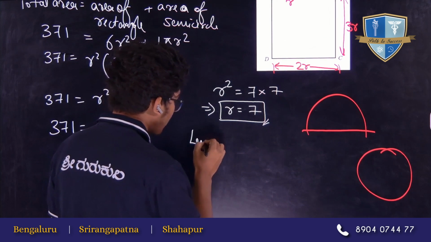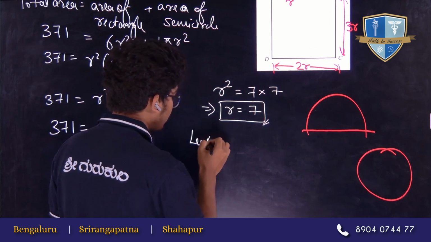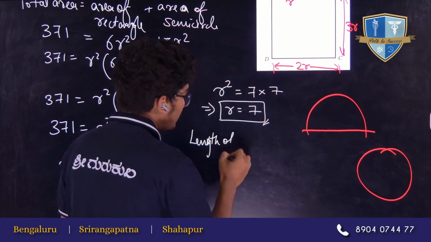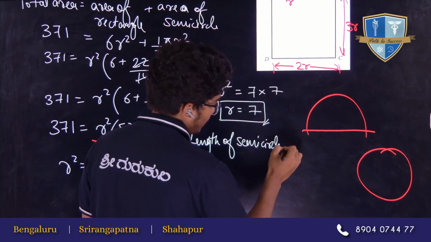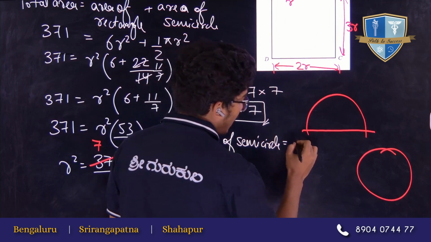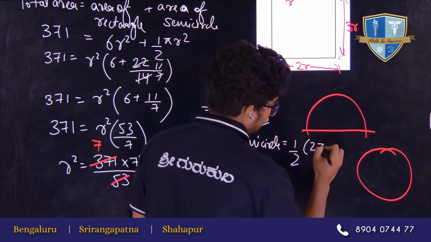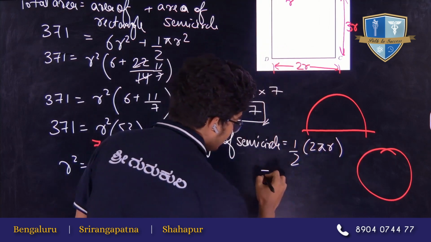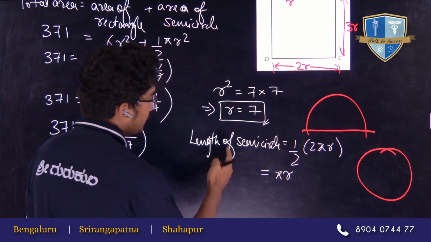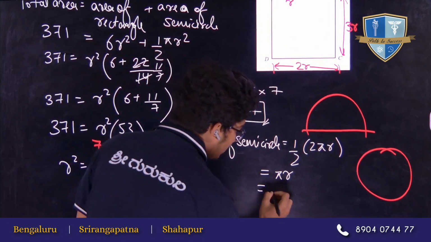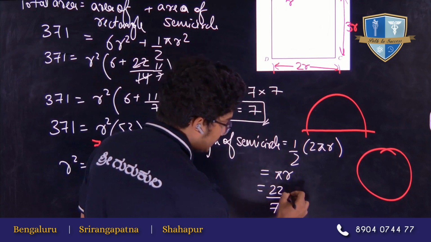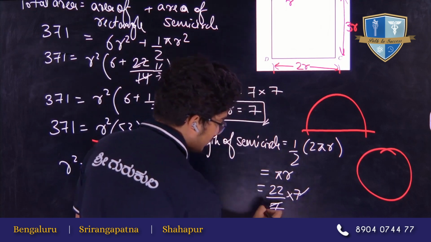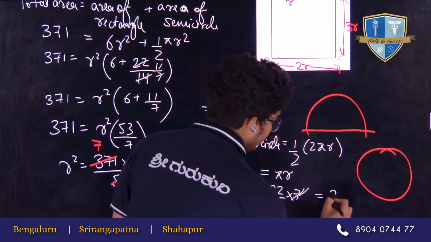So the length of the semicircle is equal to half of 2 pi r, which is equal to pi into r. We have r and we know the value of pi. The value of pi is 22 by 7 and r is 7. So this will be equal to 22.